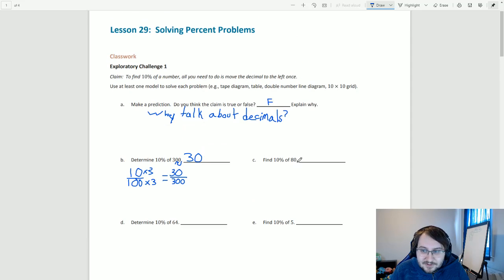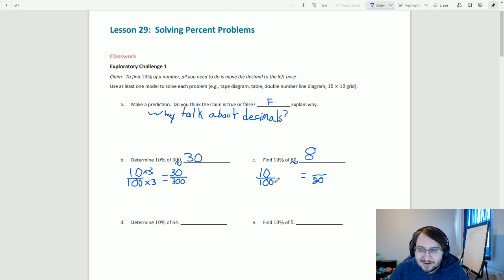If this claim is true, moving that decimal place over once is going to give me 8. So if this claim is true, I should get 8. Well, we'll see if it's really true. So I'm going to have 10 over 100, because that's still my 10%, equal to something over 80. Now, this one's a little bit harder. There's not a number that immediately gets me from 100 to 80.